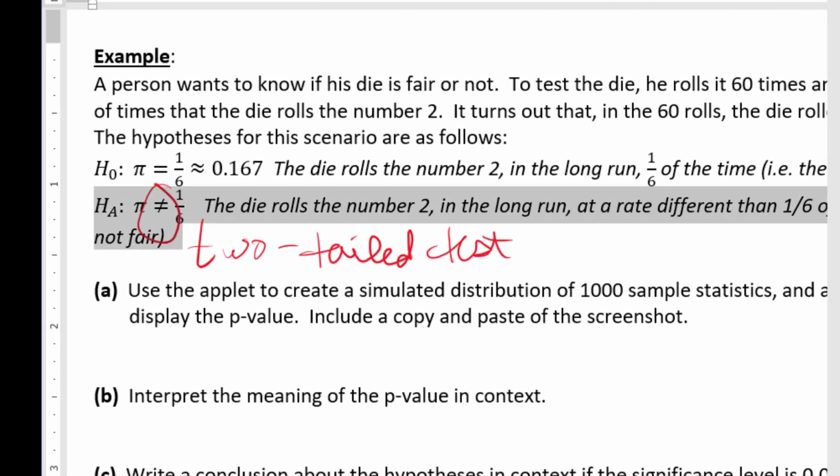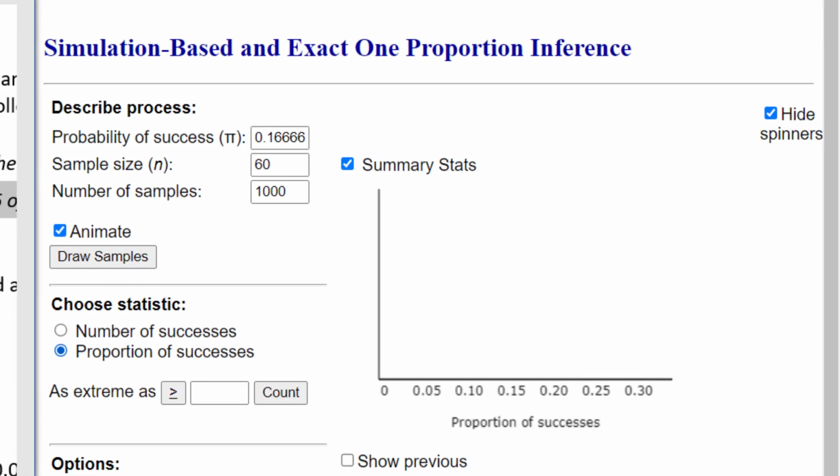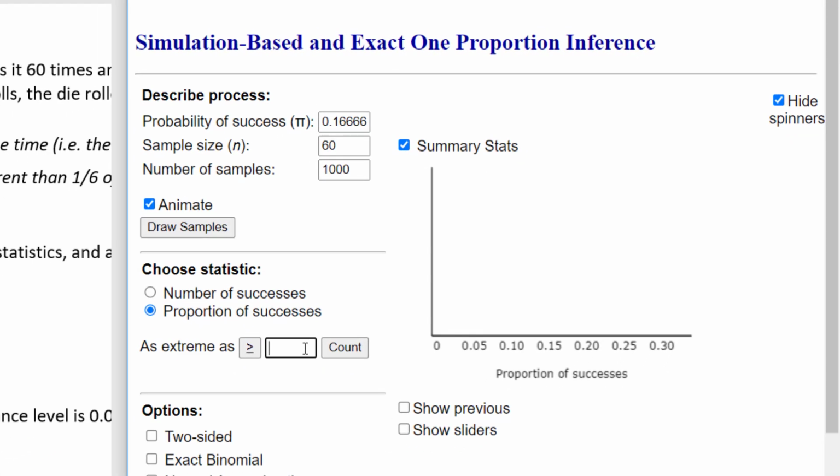I know that because the alternative hypothesis has a not equal to sign. So that means when we have our distribution of sample statistics, I'm going to be counting statistics on the right tail and the left tail when calculating the p-value. To do that, we go down here to the extreme as box, and we put our statistic in.